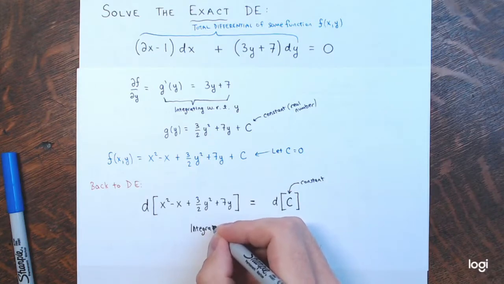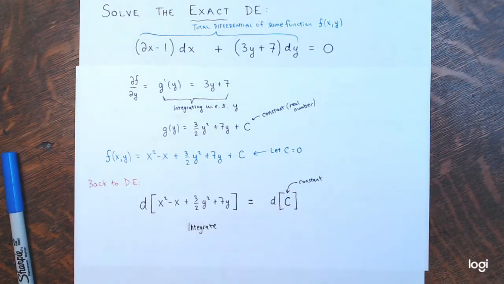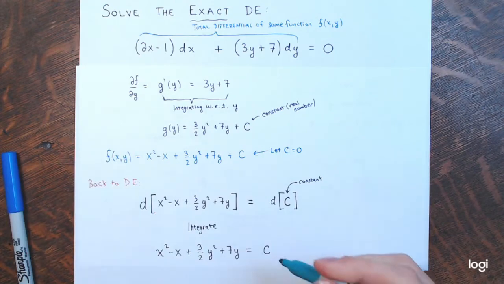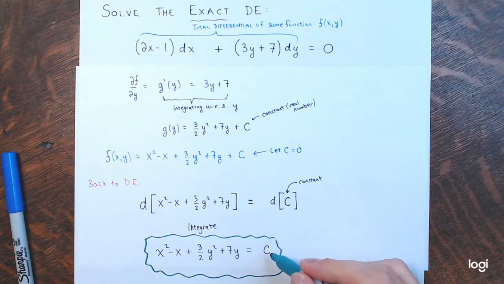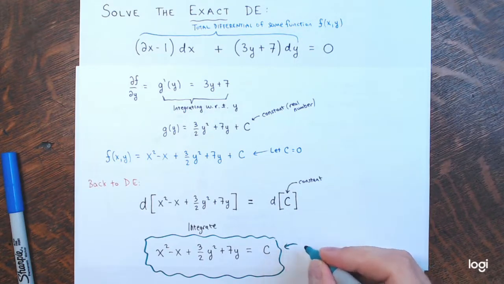Integrate, and that'll undo the differentials, and we're left finally with this: x squared minus x plus 3 halves y squared plus 7y is equal to some constant. And here we have an implicit solution, an implicit family of solutions, a one parameter family, there's only one constant here, to this differential equation.